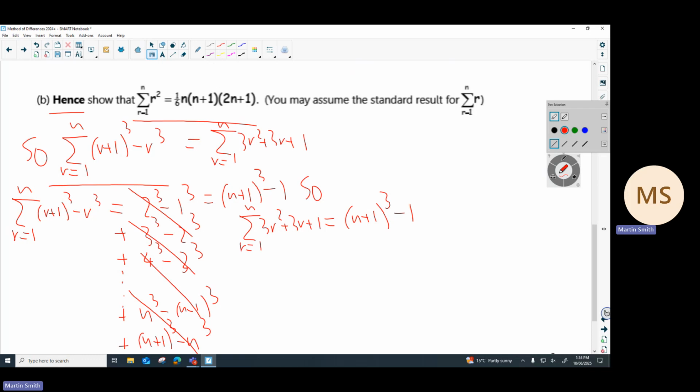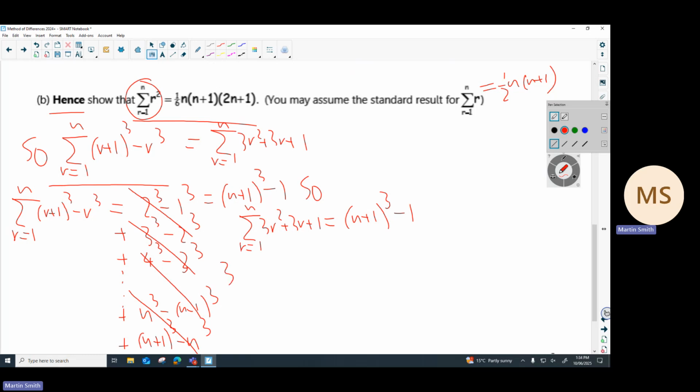Now I'm looking for an expression for the sum from r = 1 to n of r squared. I'm allowed to quote the standard result for the sum from r = 1 to n of r, which is 1/2 n(n+1). So what I'm going to do now is expand the left-hand side.